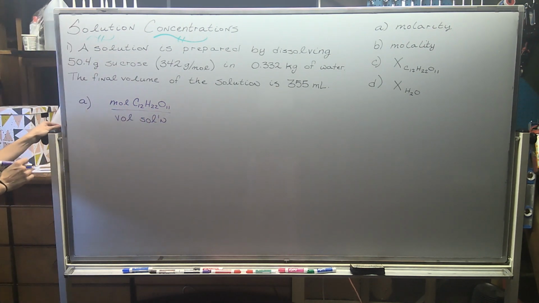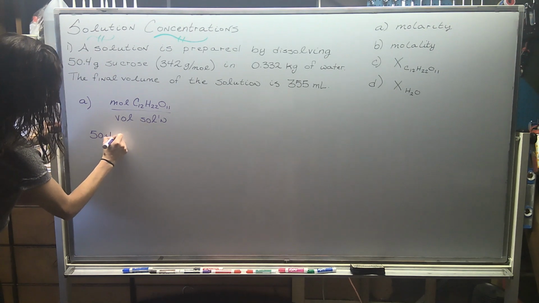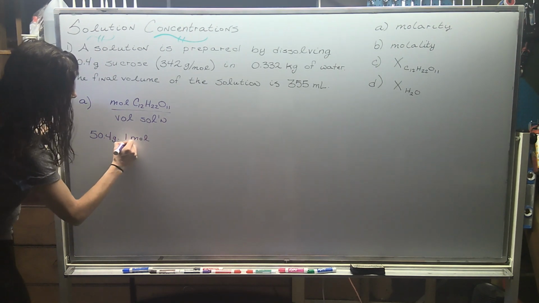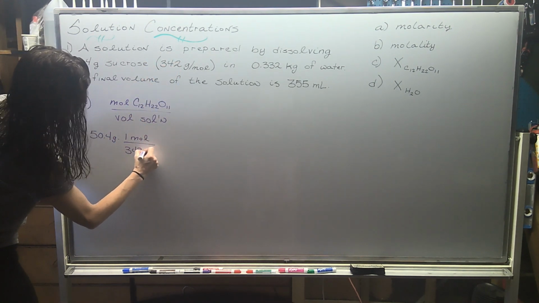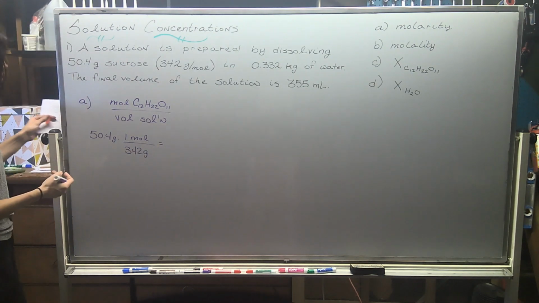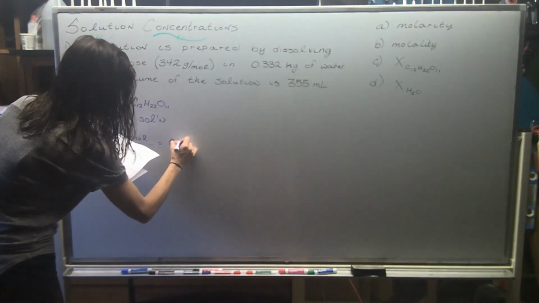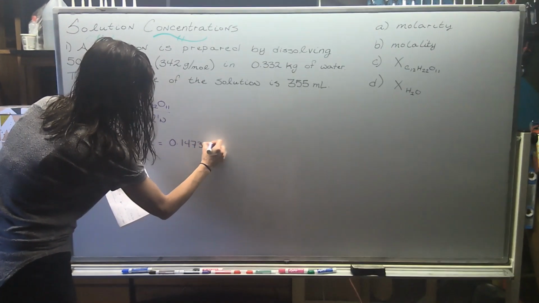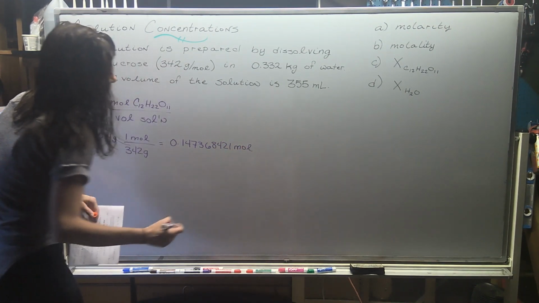I need to calculate the moles of sucrose. So I'm going to do 50.4 grams, and we know that 1 mole has a molar mass of 342 grams. That was given to us, but we just need a periodic table. Here we're going to get 0.147368421 moles of sucrose.